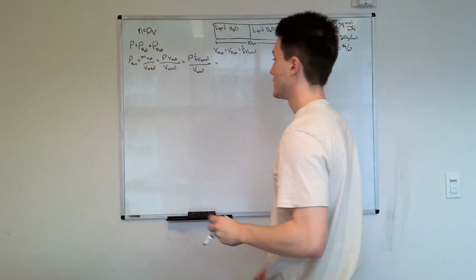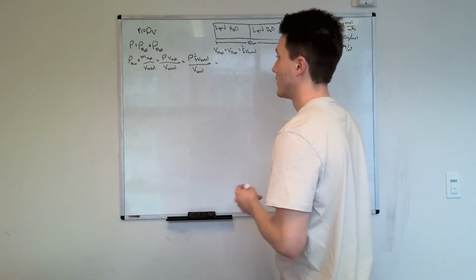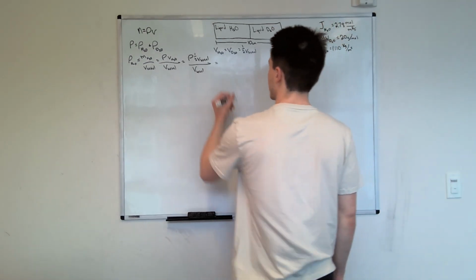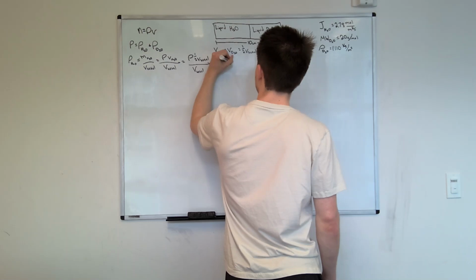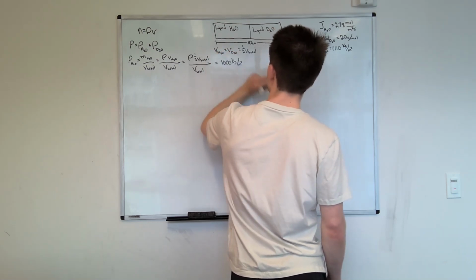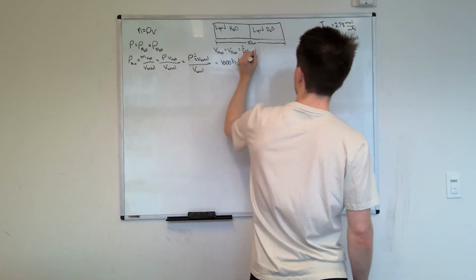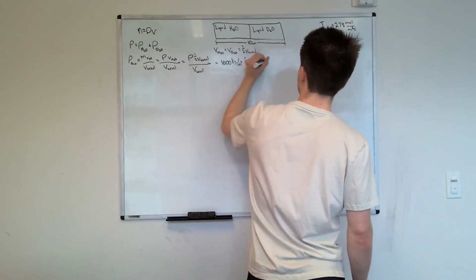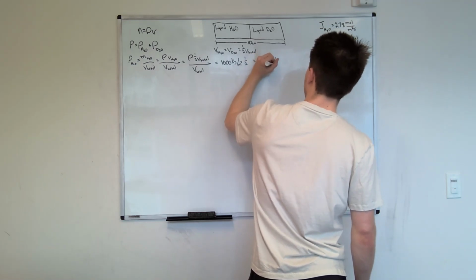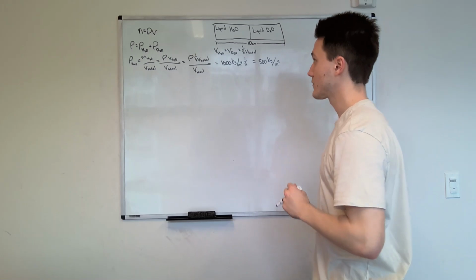The total volumes cancel each other out, leaving us with 1/2 the mass concentration of water, which is 1,000 kilograms per meter cubed, multiplied by 1/2, which is equal to 500 kilograms per meter cubed.